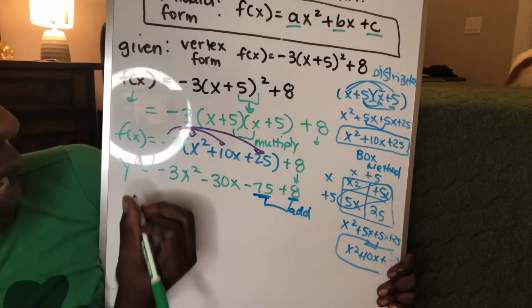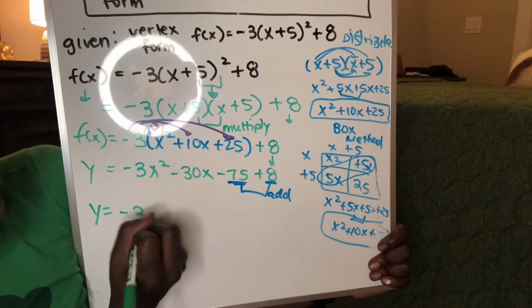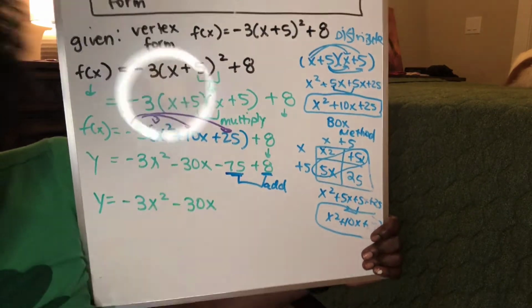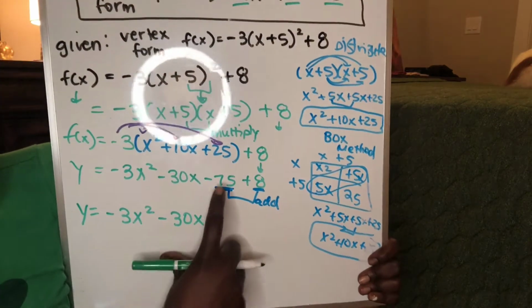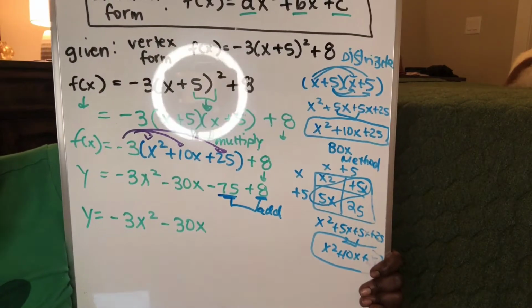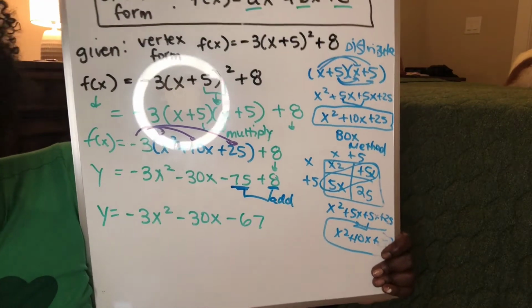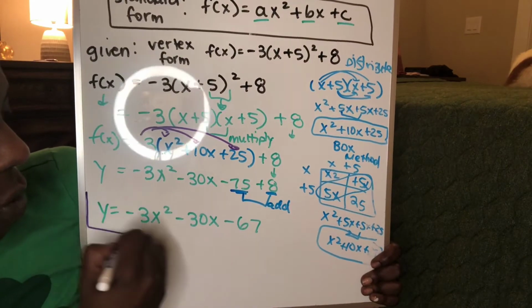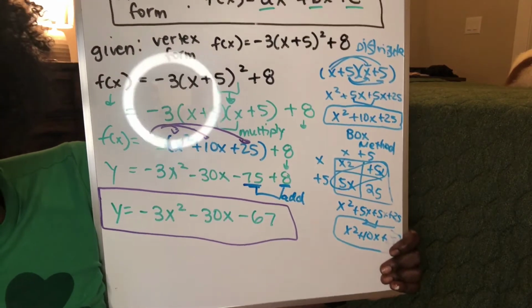So now our equation is y equals, or f of x equals, negative 3x squared minus 30x, and then negative 75 plus 8 is negative 67. So we're going to subtract 67. So now we have our final equation in standard form.